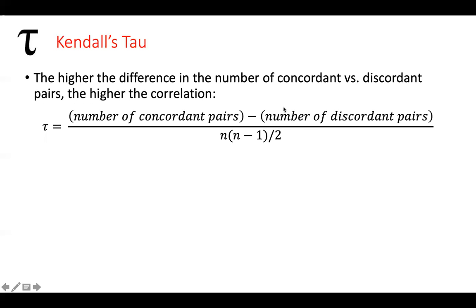And if we have a perfect negative correlation, all will be discordant and none will be concordant. That would result in a value of -1, whereas the other case would result in a value of 1. So it's the same limits as for the Pearson correlation coefficient, and the same is true for Spearman, in case I didn't explicitly mention that.